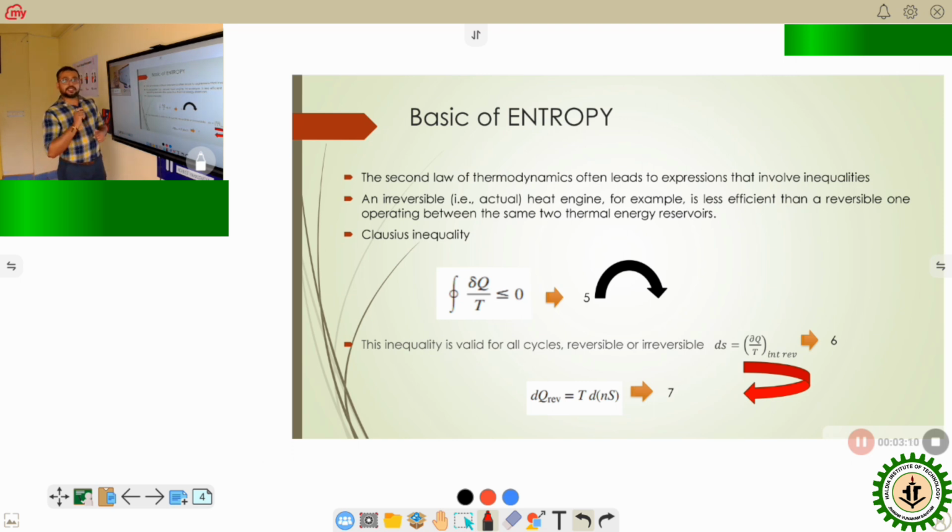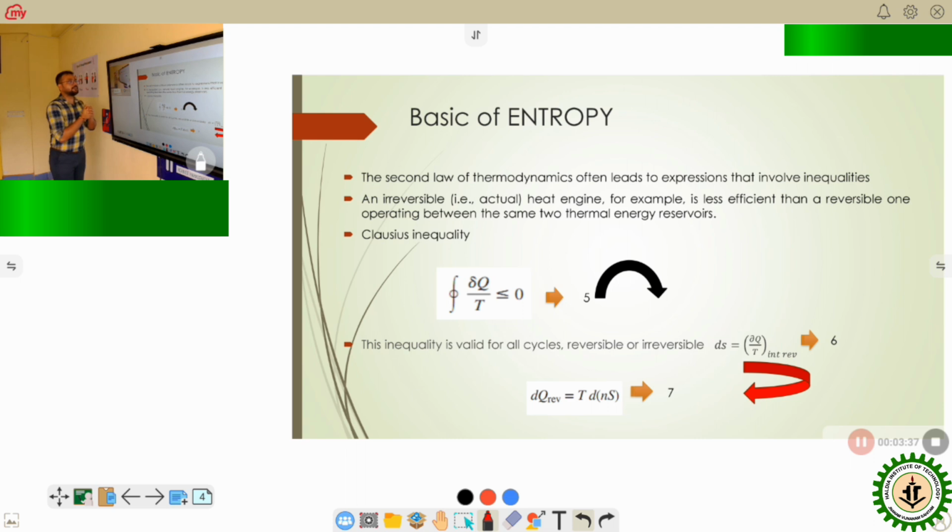And on the other side, another important thermodynamic property which actually cannot be measured directly is basically reflected with the help of the second law of thermodynamics. Okay, and the second law of thermodynamics leads to expressions that involve inequalities.